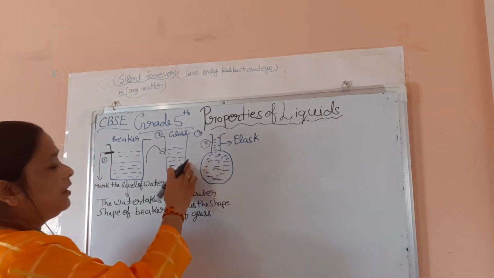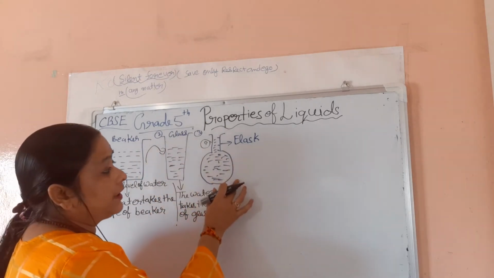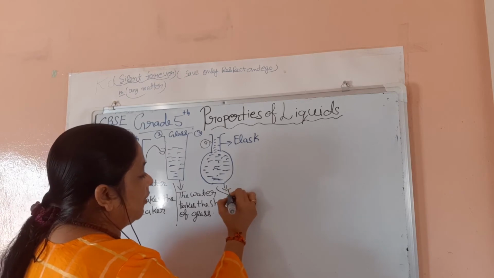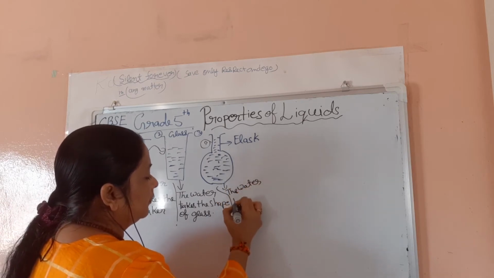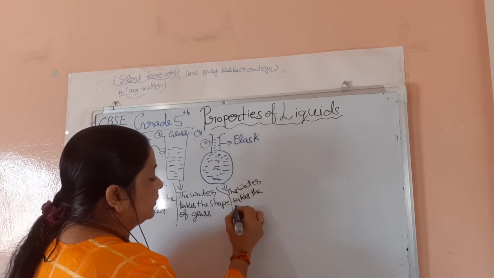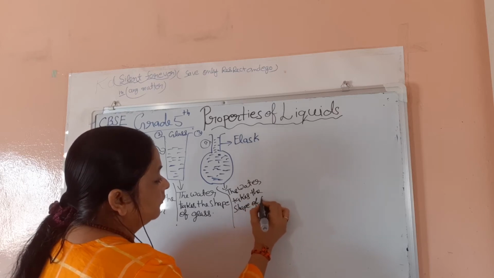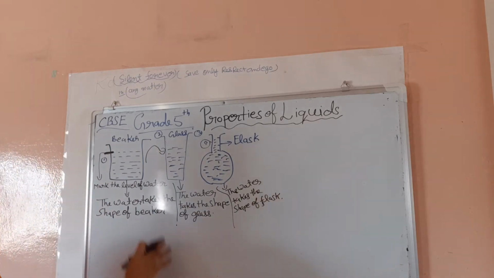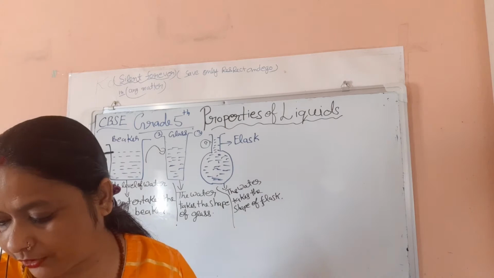When the water is poured into the flask from the glass, the water takes the shape of the flask. So this is the first property.